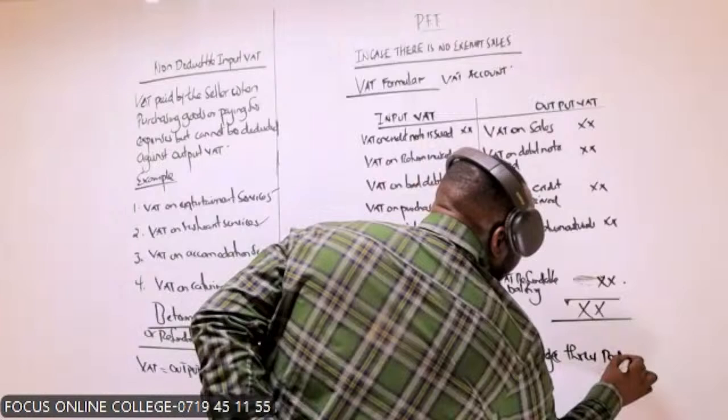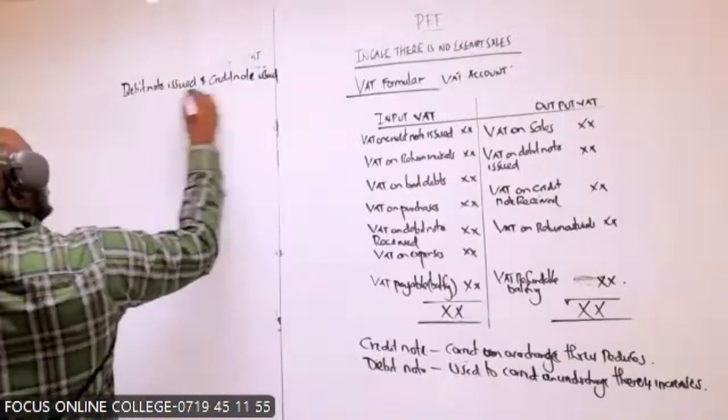So I want to say debit note issued and credit note issued. This affects what's called the output.